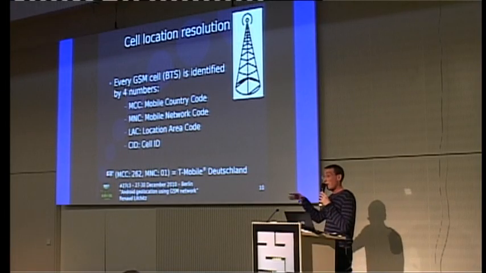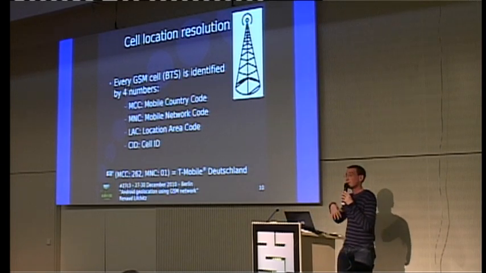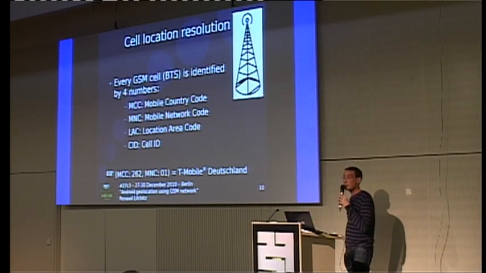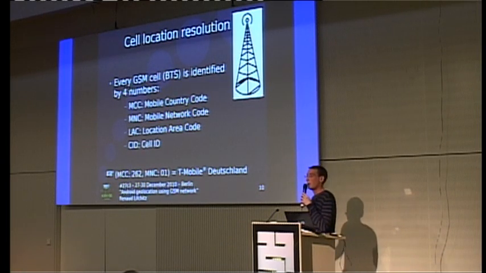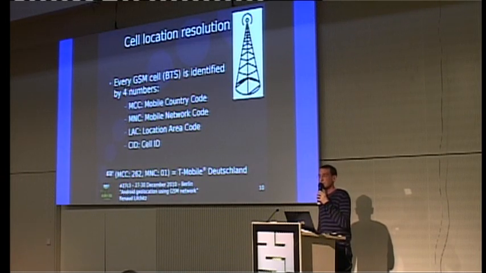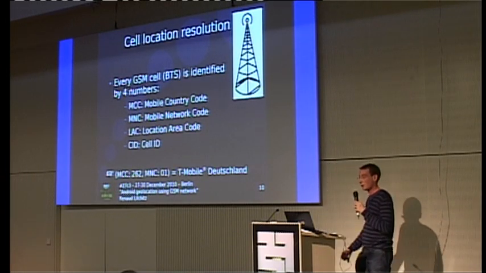And in an area, you have different cells. So the last number is the cell ID, which is the code for the ID in the area. So with these 4 numbers, you are able to know in which cell precisely you are.